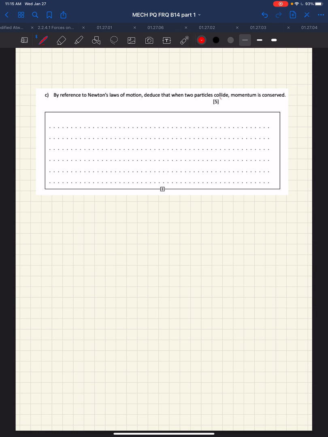His next question is worth 5 points. And it says, by reference of Newton's laws of motion. Let's pause right there and specify those. Newton's first law is the law of inertia, which is that bodies want to preserve their current velocity.